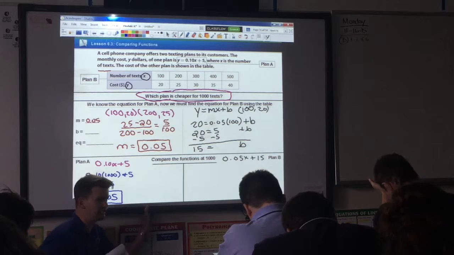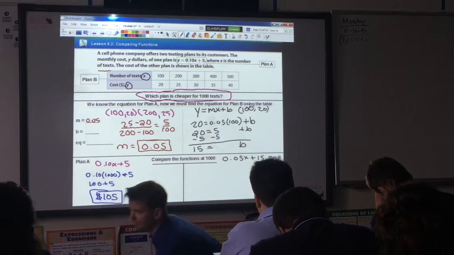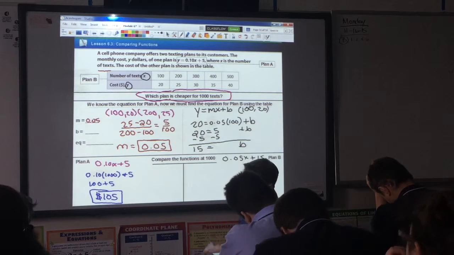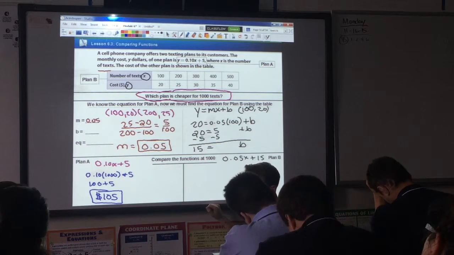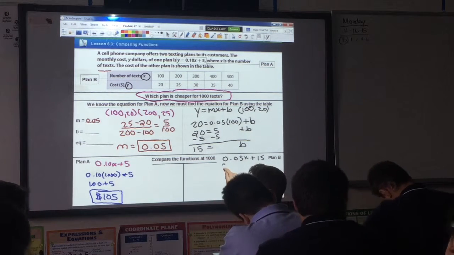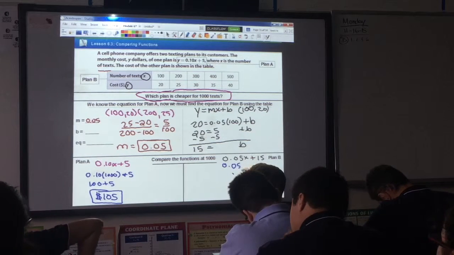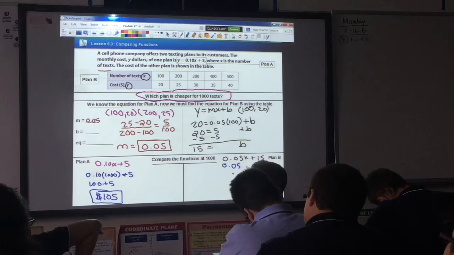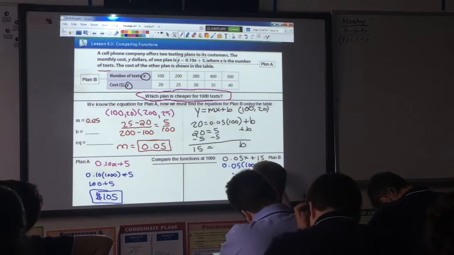Let's see, maybe plan B is cheaper. Miss Tavares, want to substitute in here. So tell me, what am I going to write? 0.05, parentheses, 1,000, plus 15.